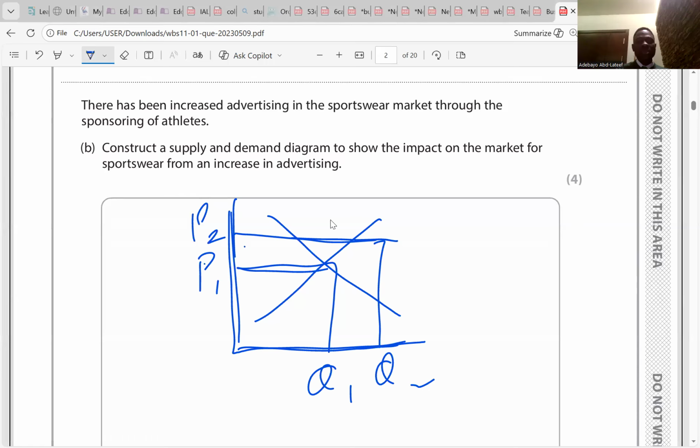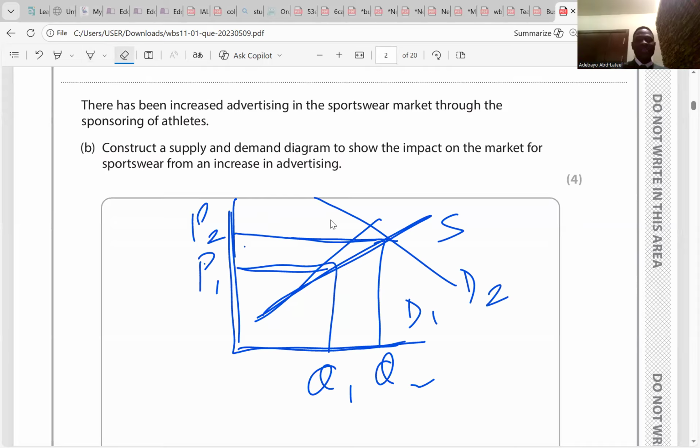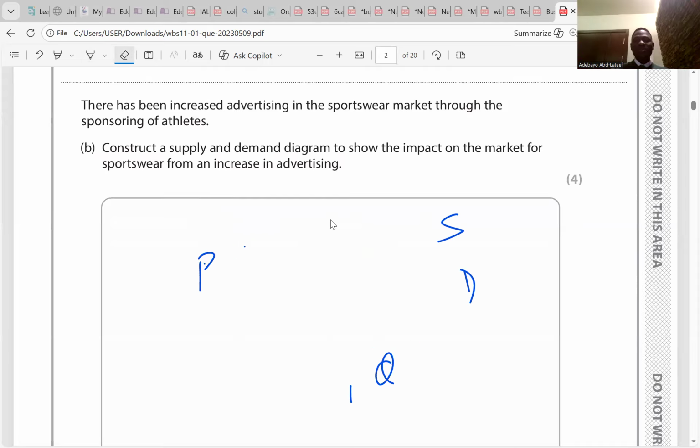So the demand curve will shift from D1 to D2. This is a typical demand curve. We can draw better than this though. This is the supply and that's demand. Let me try to draw it better than this.